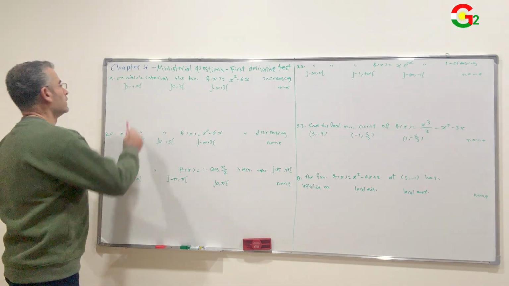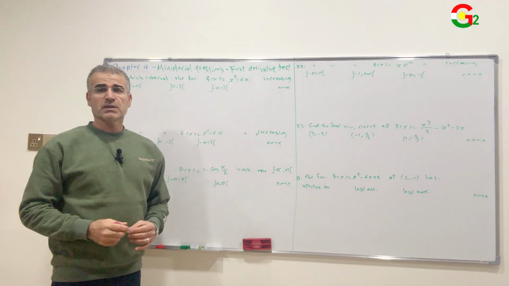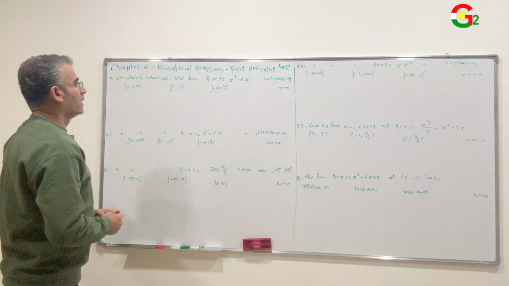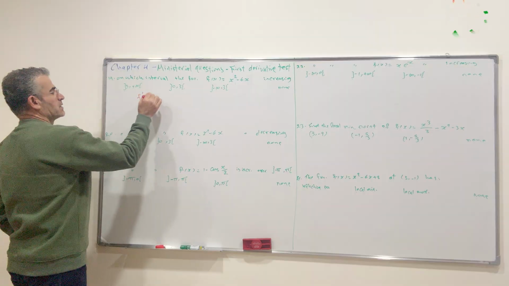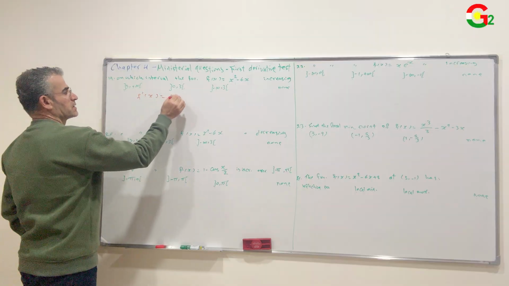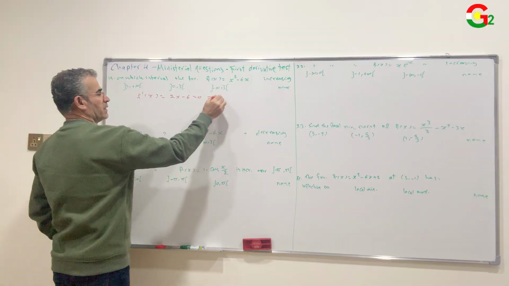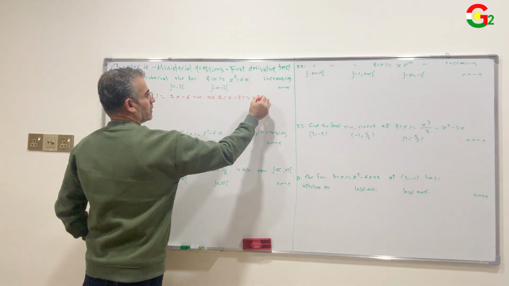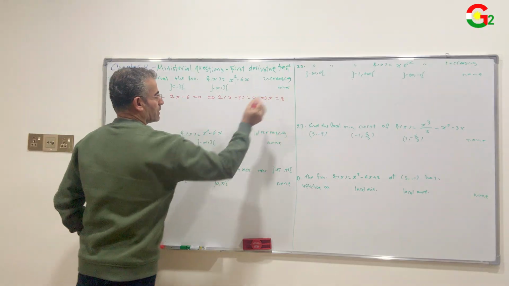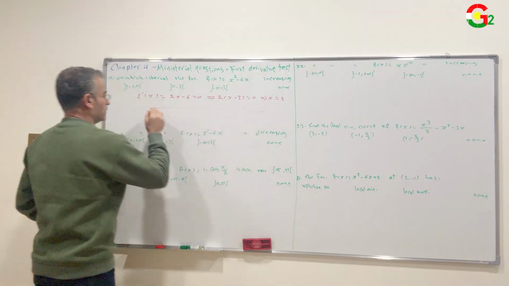Question number 19. On which interval is the function f of x equal x to the power 2 minus 6 increasing? F prime of x equal to 2x minus 6. Set it equal to 0, factorize by 2, x minus 3 equals 0, then it means x equals 3 is the critical point for this function.